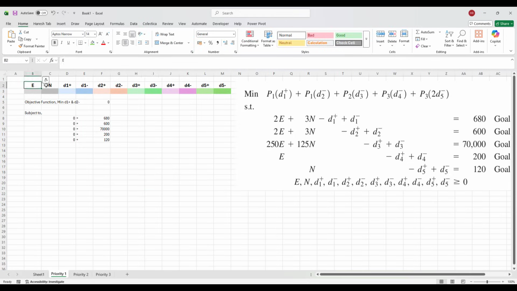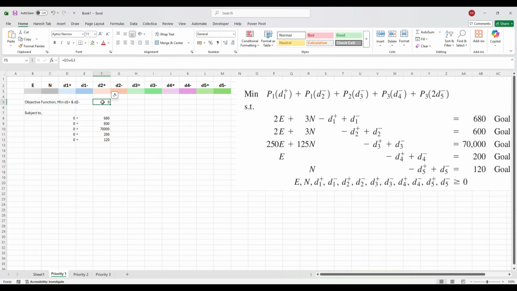These are my variables: the two variables, and these are the deviation variables. As we know, we always use the cells below as the variable cells. We have done the coloring so that we can distinguish them from each other. My first priority is for D1 plus and D2 minus to be minimized, so I have written the objective function here: minimize D1 plus and D2 minus.